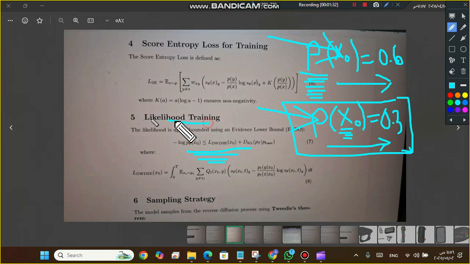This is why we call it likelihood training. So by training, we are trying to maximize the probability, or the likelihood, that our model will generate the training data. So let's assume that we have given it a sentence or an article, for example.